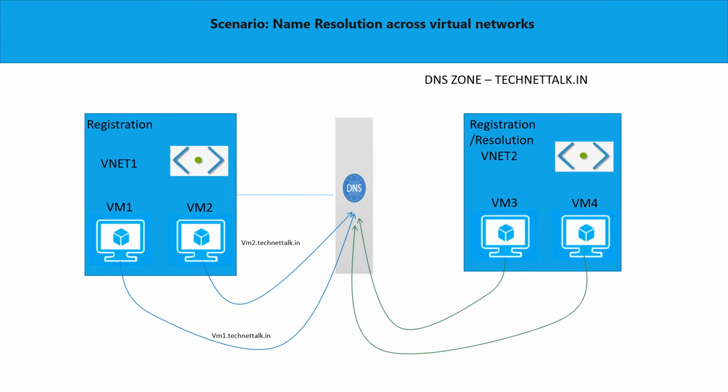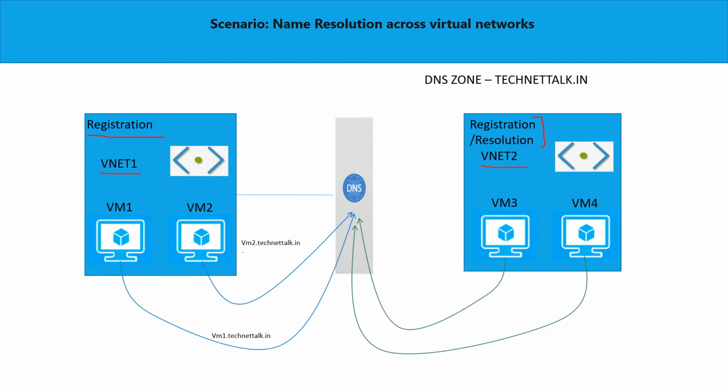Now you might have a situation where you have multiple VNets. So this example is VNet 1 and this is VNet 2. You're going to have the option whether you want to go for the registration for this VNet, yes, and for the second VNet, whether you want to go for the registration or the resolution, that's up to you. So the moment you enable the registrations, these entries are automatically going to get into the DNS zone.